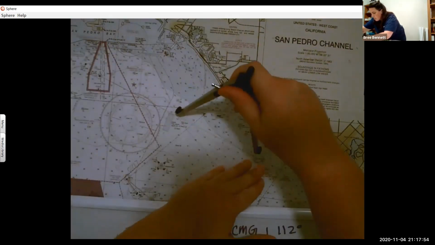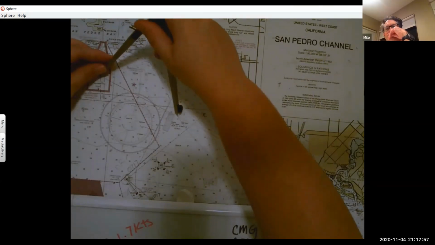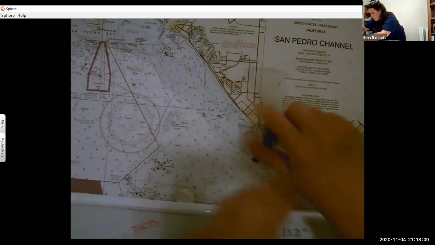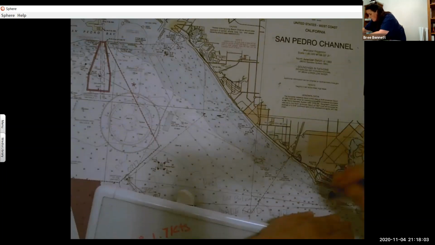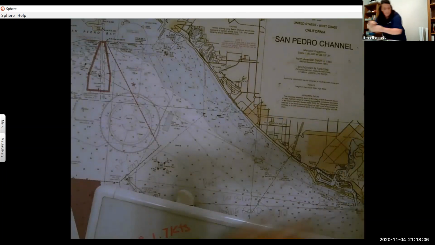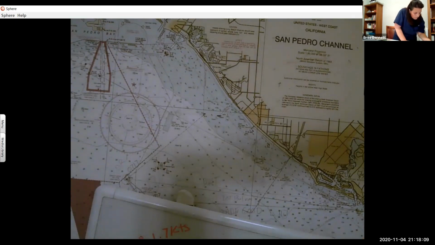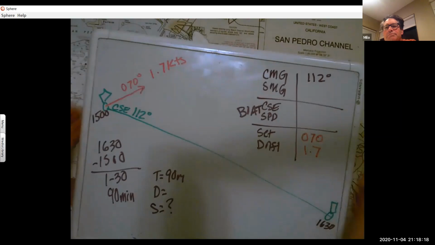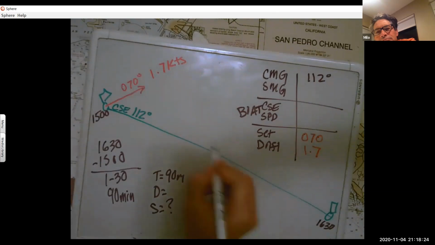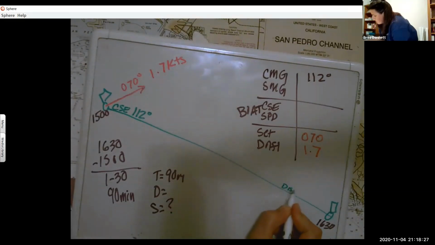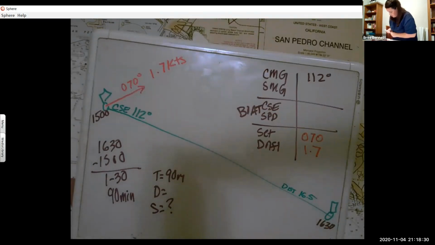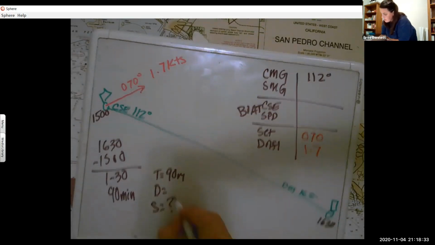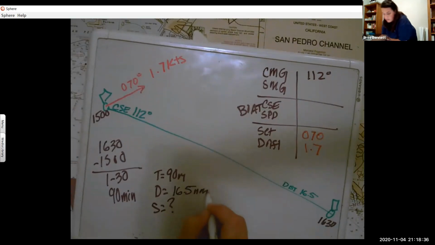5, 10, 15, 16.5. Let's say my distance was 16.5 nautical miles.